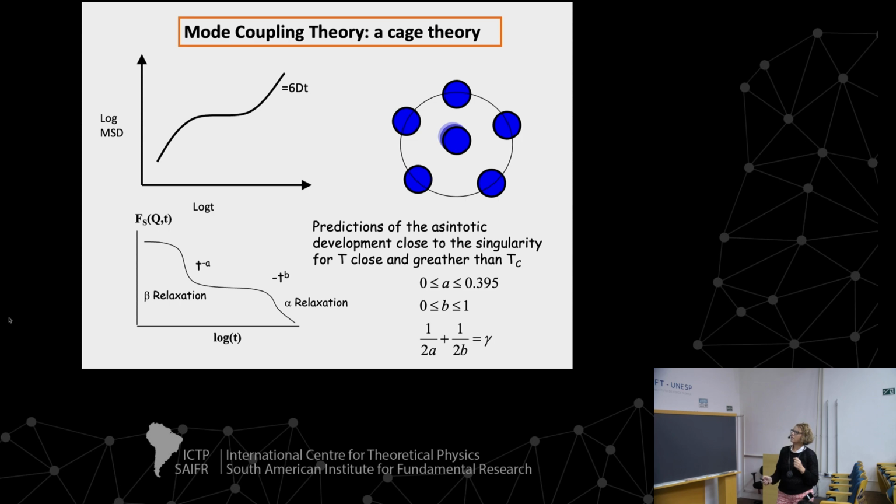Then the particle feels the potential of the first neighbors and starts rattling in the cage, and the mean square displacement has a plateau with a height. The F self of Q,t is related to the probability that I started at t equal to 0 and then I'm decorrelating.